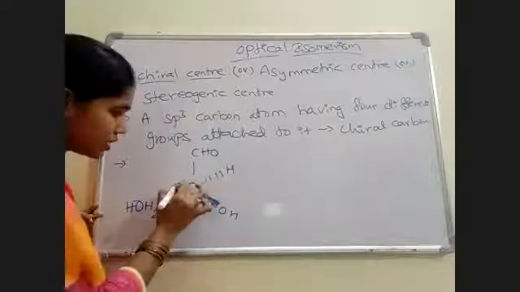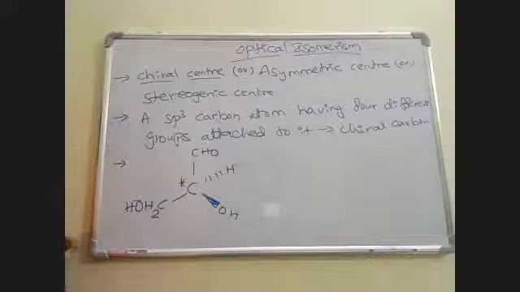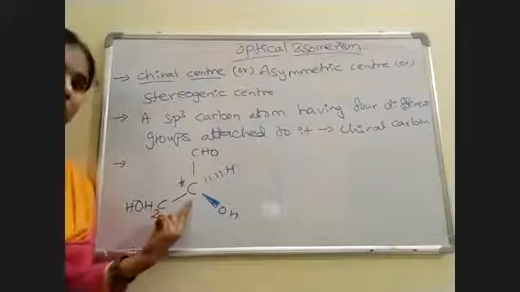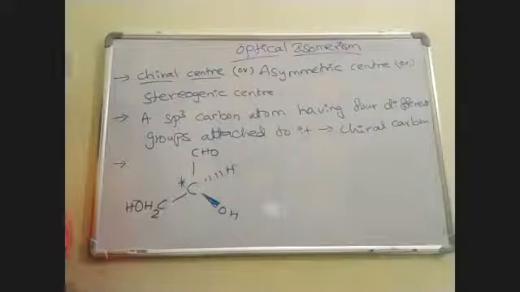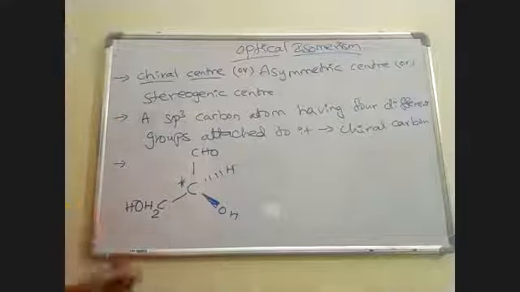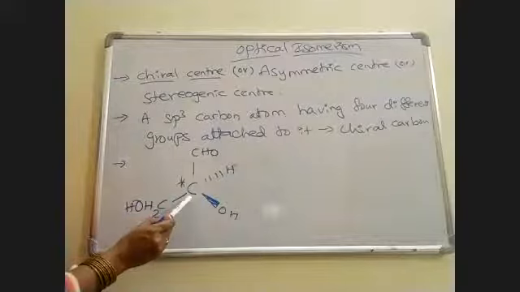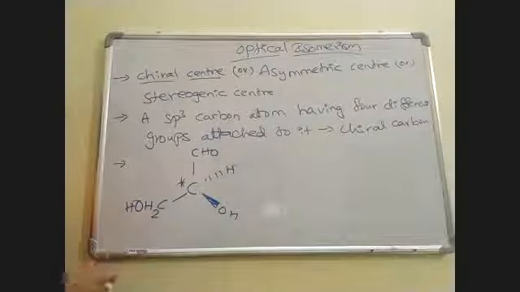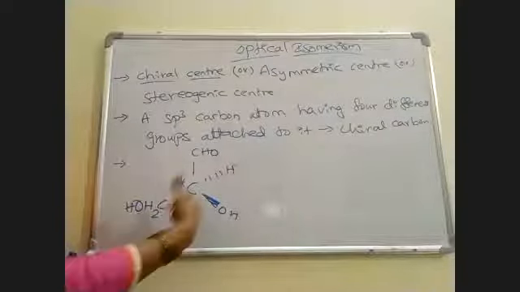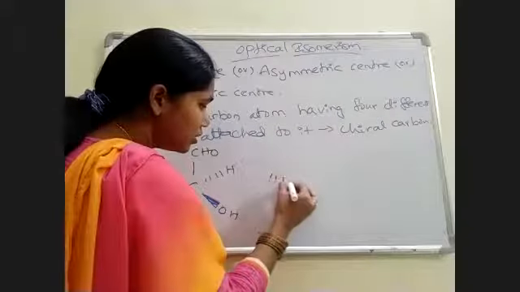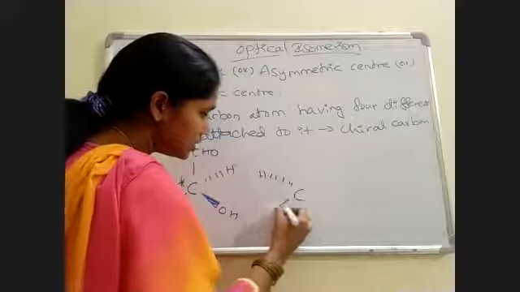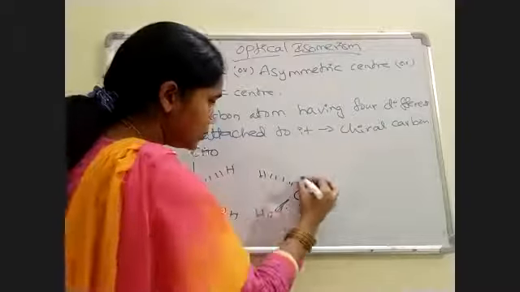This is called as a chiral carbon. If a molecule possesses this chiral carbon, then that molecule is said to be optically active. So it shows optical activity when chiral carbon is present in it. So chiral carbon, and if you take the mirror image of this one, how it will have? See, this is a mirror image.